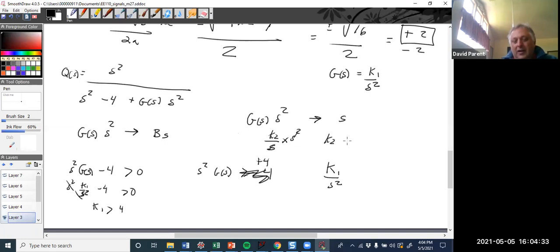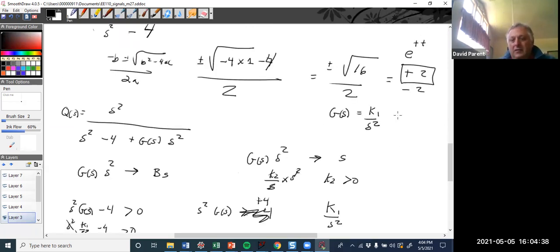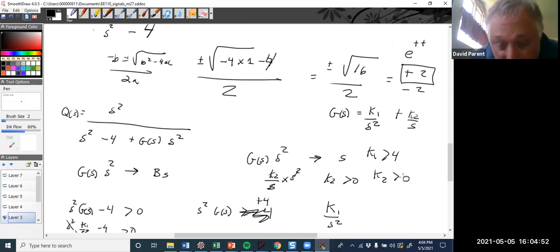And in that case, K2 just has to be greater than 0, all right? All right, K1 greater than 4, K2 greater than 0. And that would be the complete, excuse me, the complete solution.